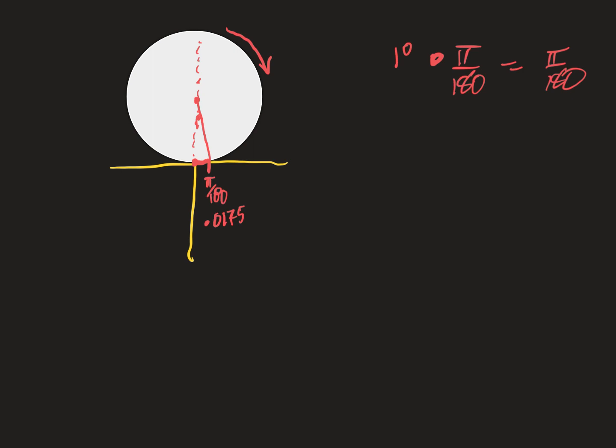Now, if I continue unrolling all the way, say, to 90 degrees, so now I'm looking at this arc on the circle, all right? That 90 degrees will correspond to pi over 2 radians. So when I unroll this, it's going to match up out here to pi over 2, all right?